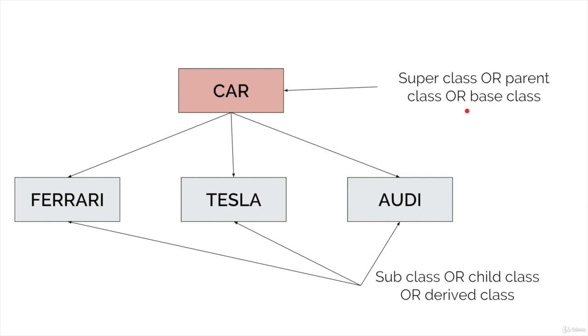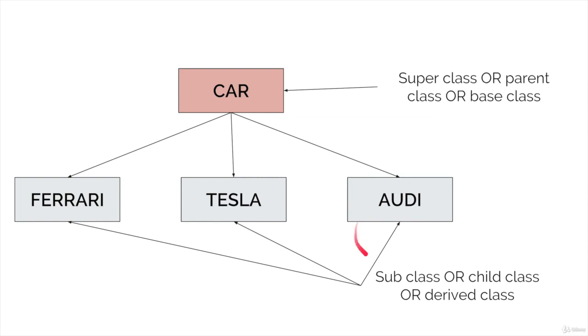So let me explain the different terminologies that everyone uses in Java to call parent and child classes. The car class is also known as superclass, parent class, or base class, because this is the class that is getting extended by different classes.